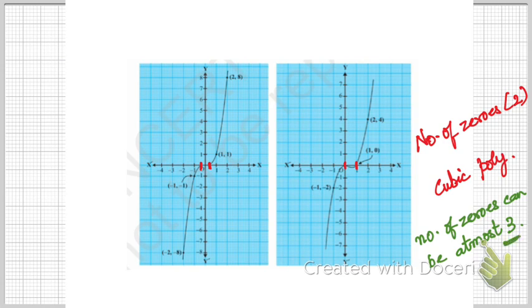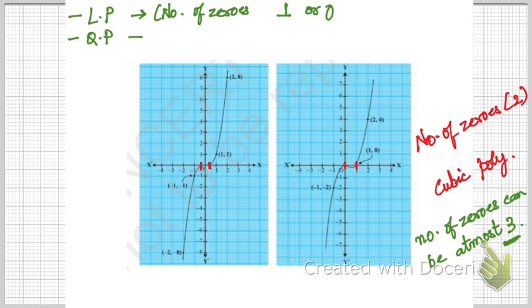So what we have concluded till now, I'll write the points here once. For a linear polynomial, the number of zeros is 1, or you can even have 0. For a quadratic polynomial, the number of zeros is at most 2.